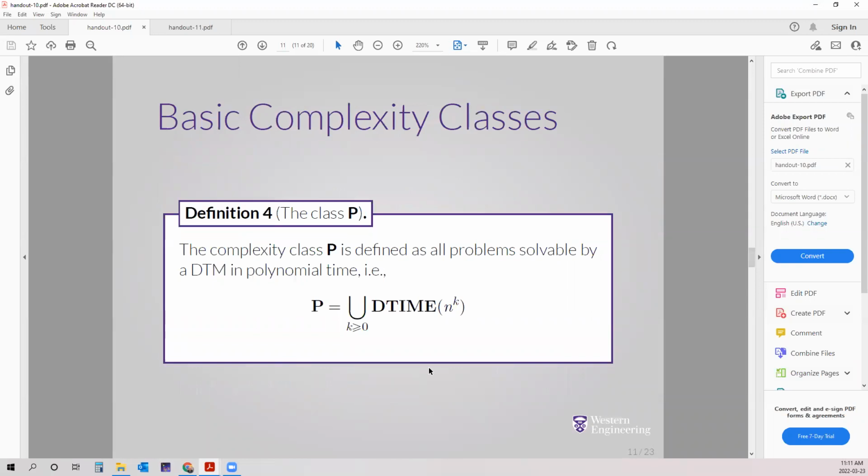Okay. Now, we have some basic complexity classes.